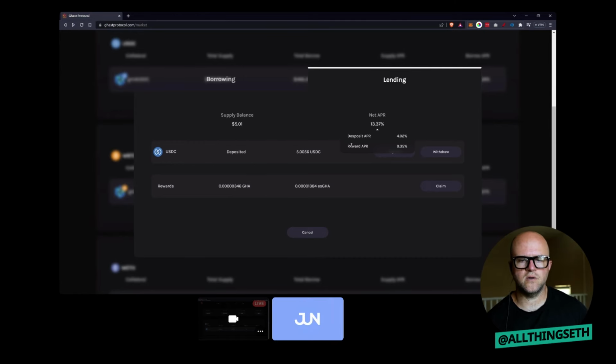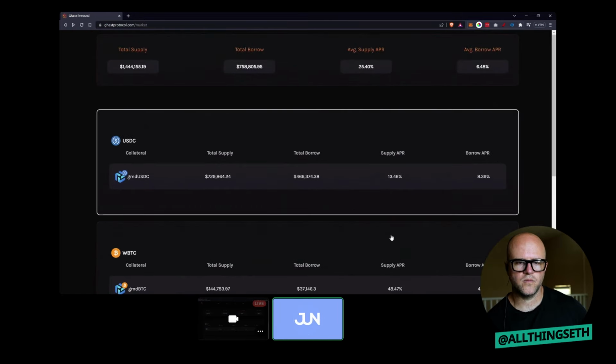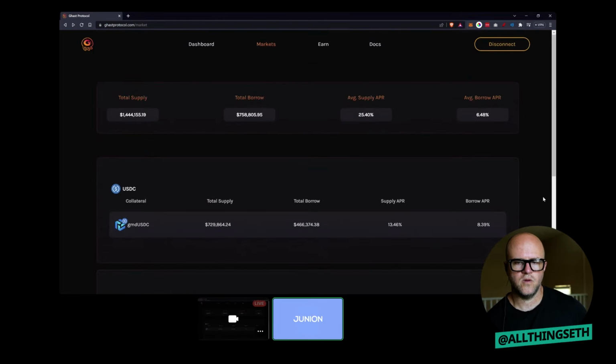Okay, interesting. So the deposit APR right now is in whatever token you're depositing. Just to clarify, you do keep the GMD token yield. Is that separate from these APRs that you're showing right now? Yeah, it's not shown on our dashboard, but it's whatever GMD displays on there.